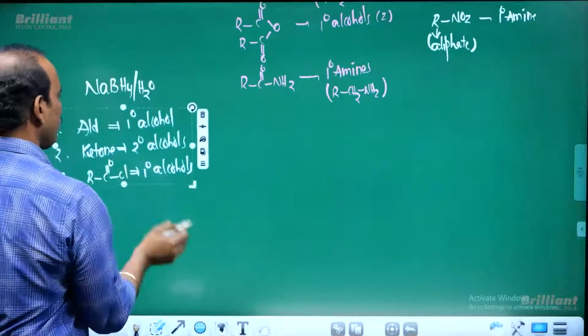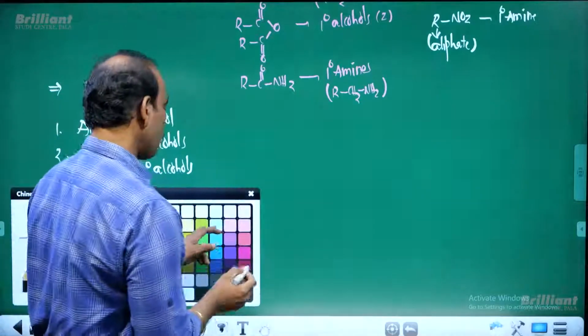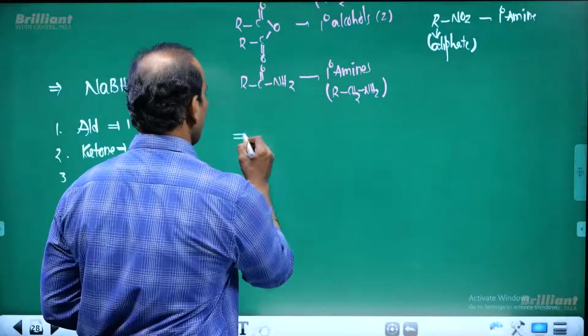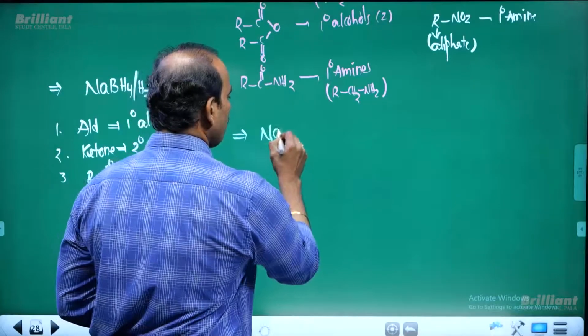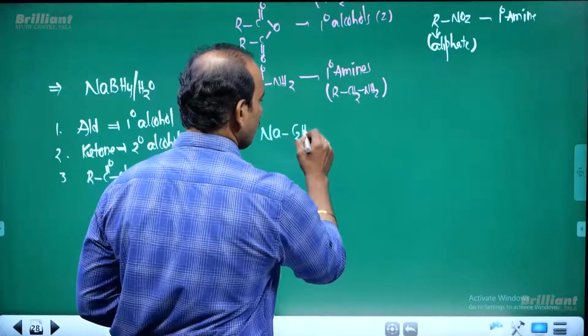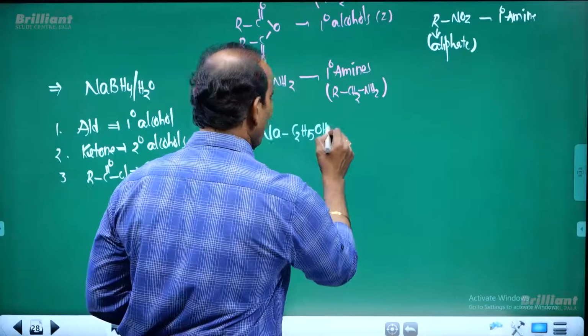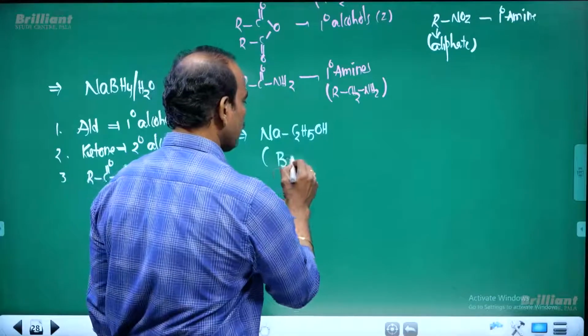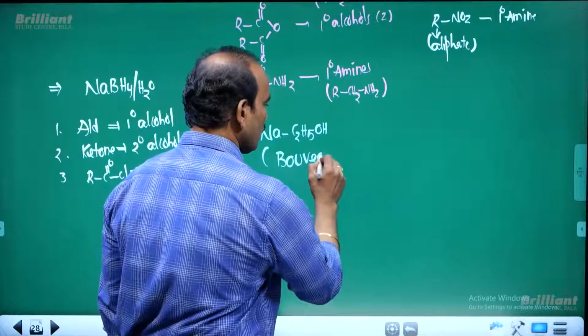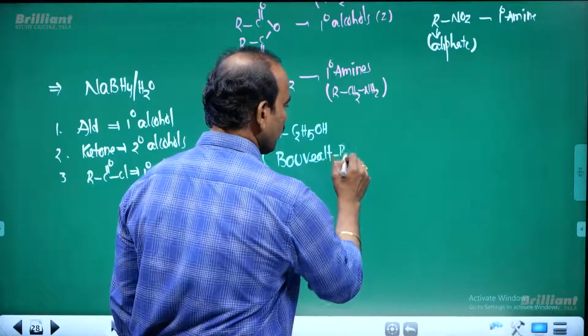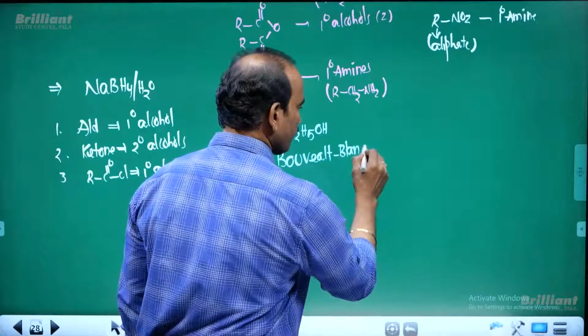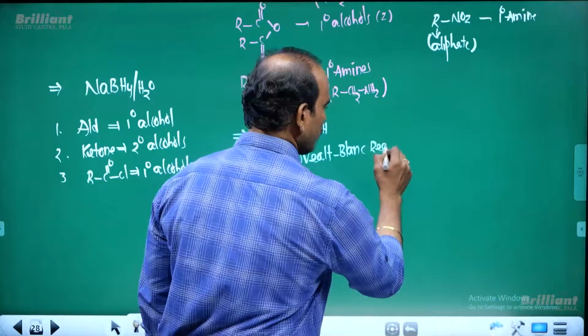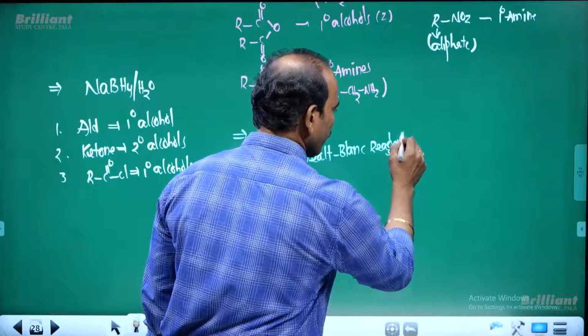Next one. Here we go to sodium and ethyl alcohol. This is called the Bouveault-Blanc reagent.